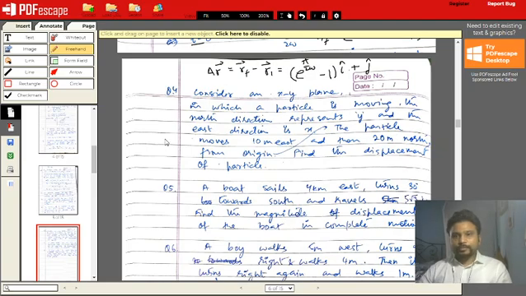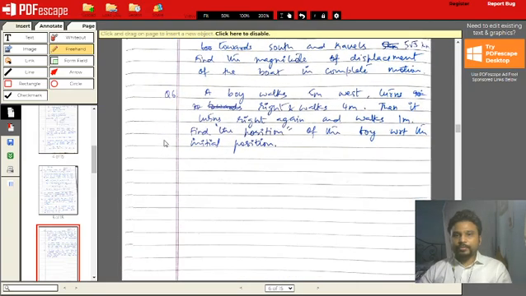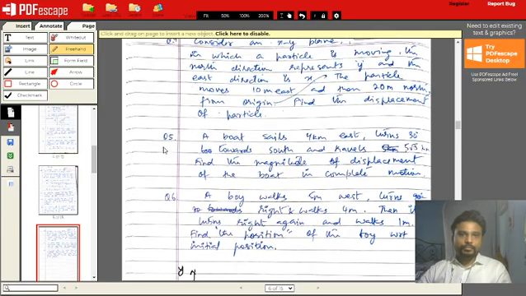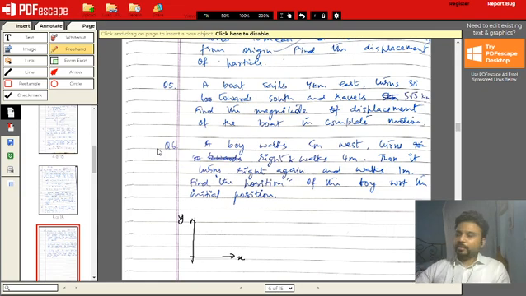So let us draw x-axis and y-axis. The particle moves 10 meter east. That is along x direction it moves 10 meters.